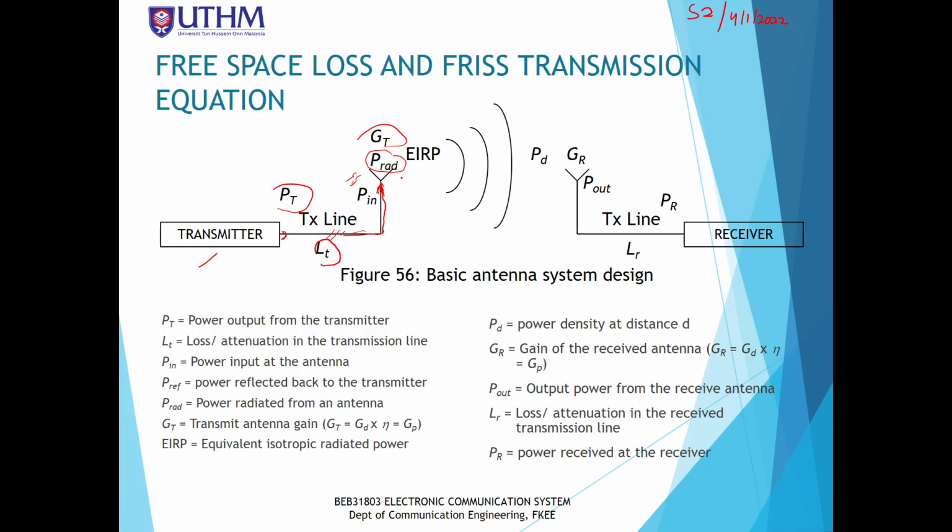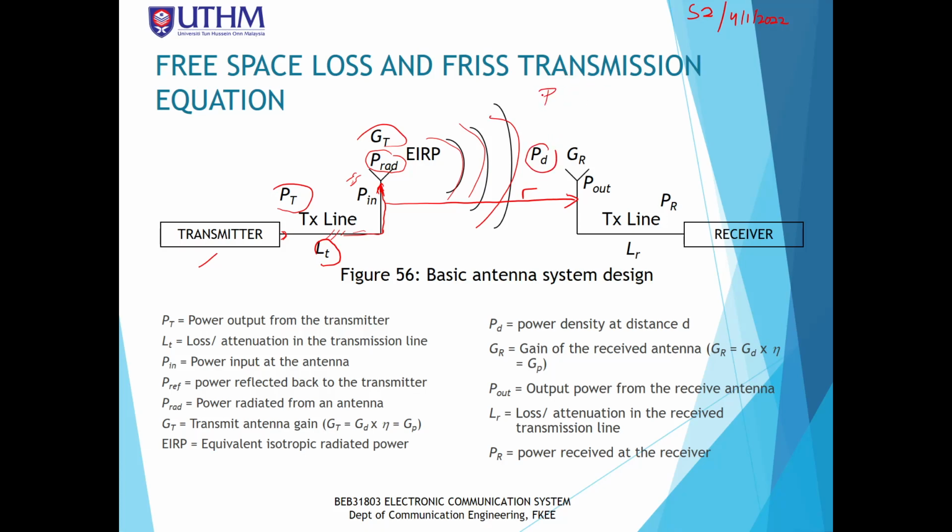The signal is transmitted into the medium, and theoretically we learned that the signal will move in a spherical shape until it reaches the receiver. So the distance here is R in meters. At distance R we can calculate the power density.